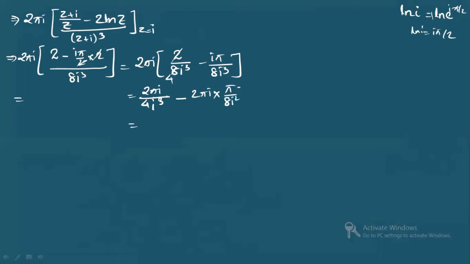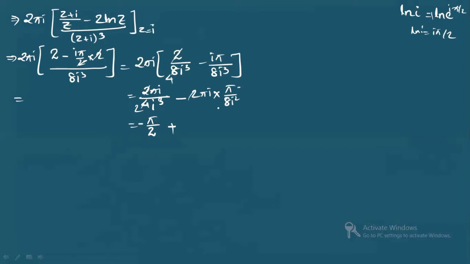So when you do this, 2 2s, and i will get cancelled, so this is π/2. This i² will give you 1 minus sign. This is minus, i and i will get cancelled, this i will go above, so it will become plus.